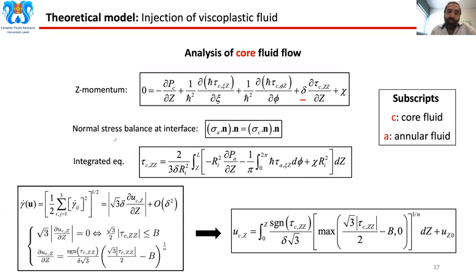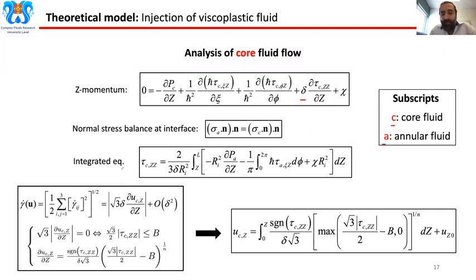It's straightforward to write down the normal stress balance condition, in which the core fluid is identified by C and the annular fluid by A.